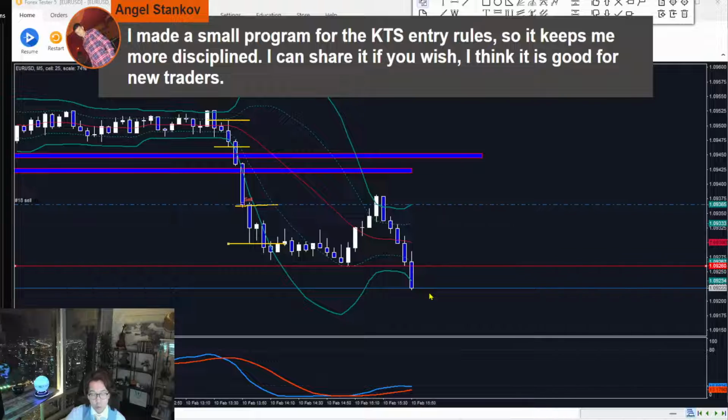And by following the rules like this, I can be disciplined. Because if there's no entry edge, then I never enter a trade. I never jump in the trade. I never trust my gut feeling to enter trades. I never trust my intuition to enter trades. All my logic I use to enter trades. And naturally, I become disciplined this way.